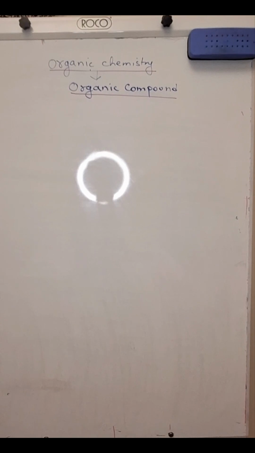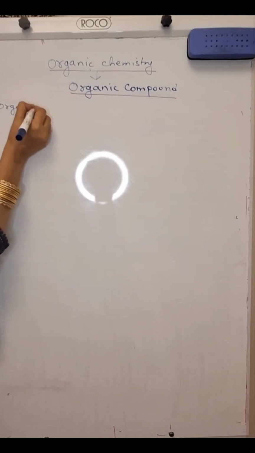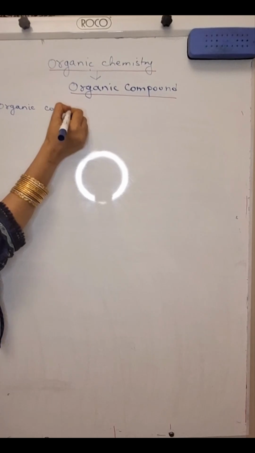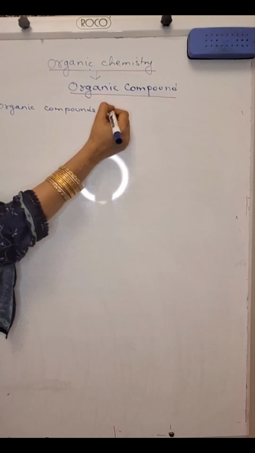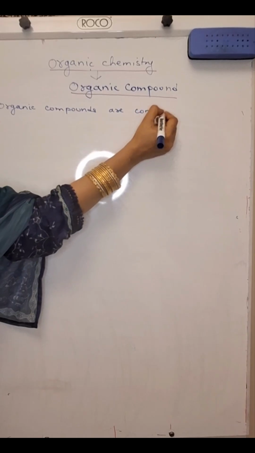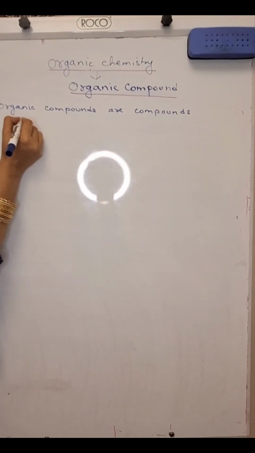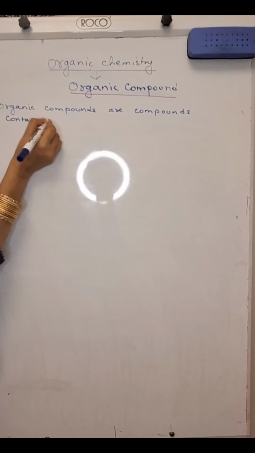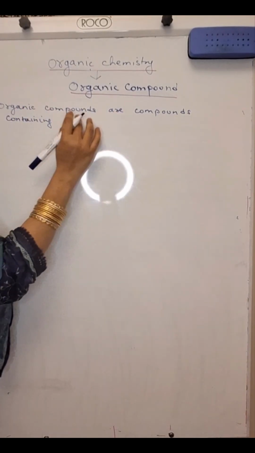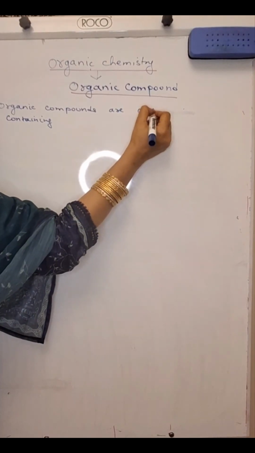So what is an organic compound? Organic compounds are compounds containing carbon.